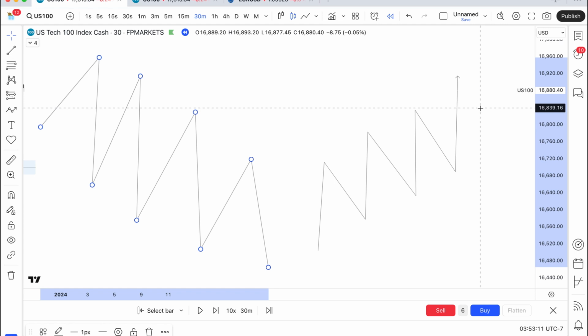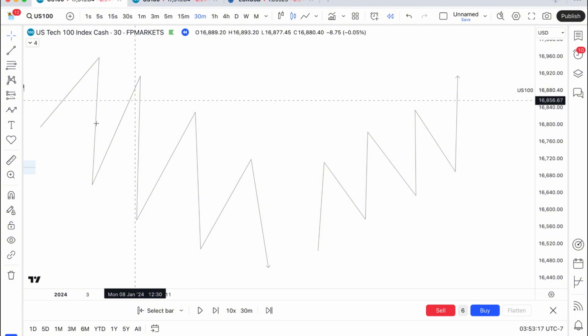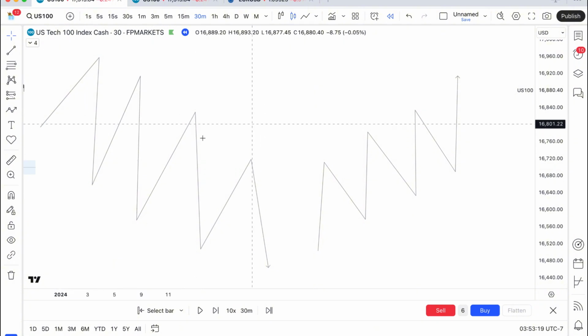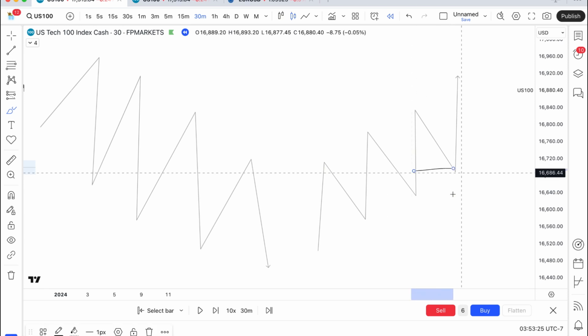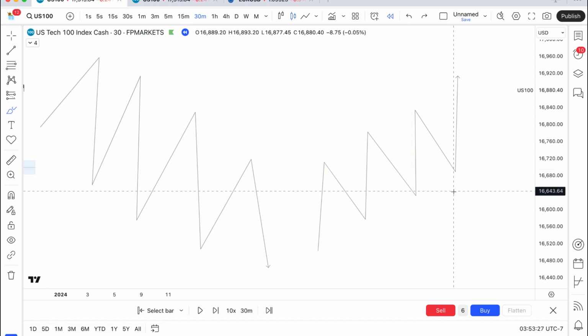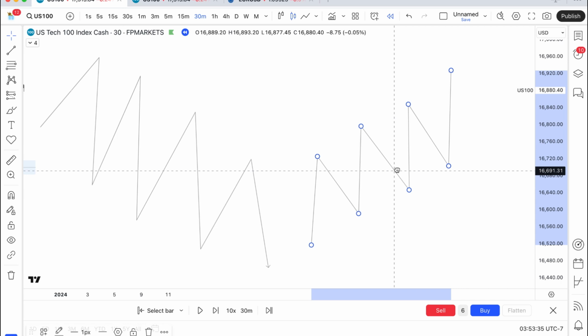However, this isn't all you need to know in terms of direction, because a lot of times there is a little bit more work to show you where exactly price is going to fall into. Say for example, let's just use this demand, right?